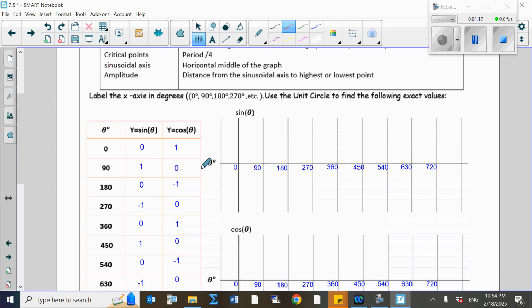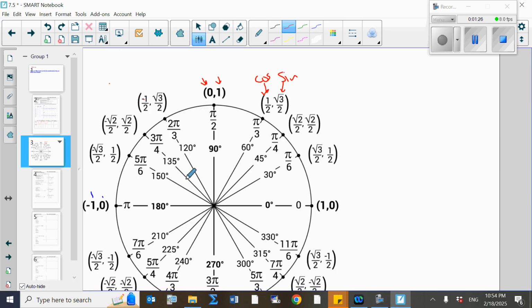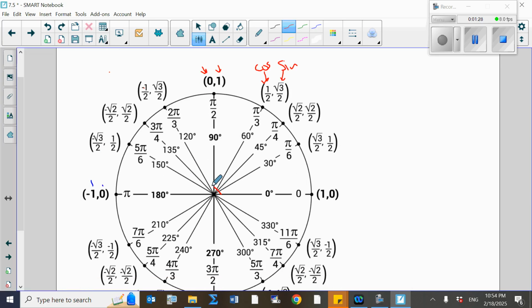However, on the unit circle you can see 0 to 360, but you cannot see 450. But we know that 450 is basically 360, which is one full circle, plus 90. So in order to find sine and cosine of 450, you just need to look at 90 and take these two values.